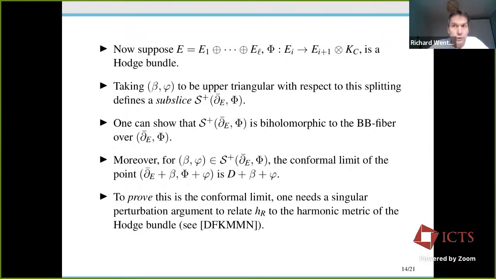The harmonic metric in general blows up as R goes to 0, and so one has to understand that blow up, and that's exactly the argument that was given in the original paper of these guys, and that same argument pretty much applies word for word to our situation as well. So that's how the conformal limit works, and the nice thing is that it's something very, very explicit.